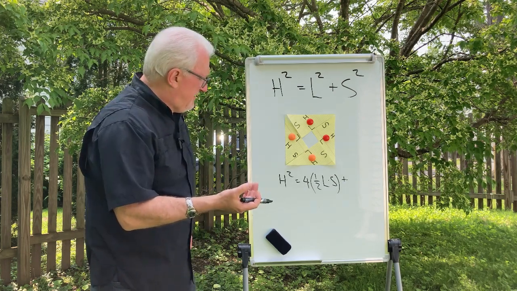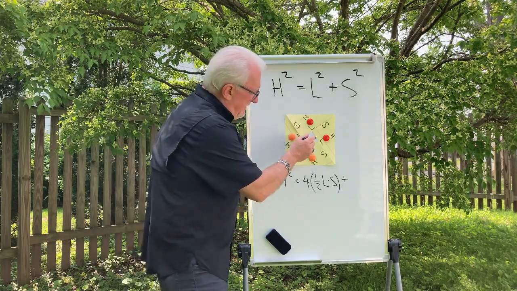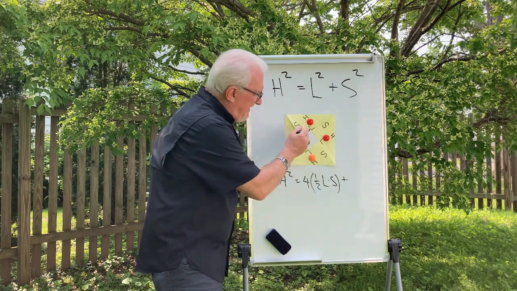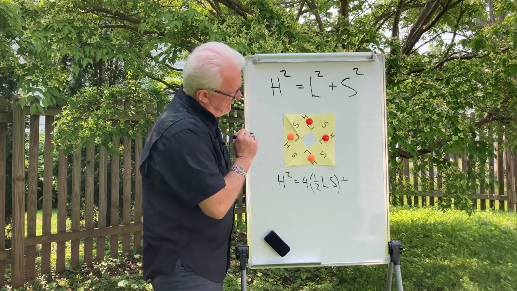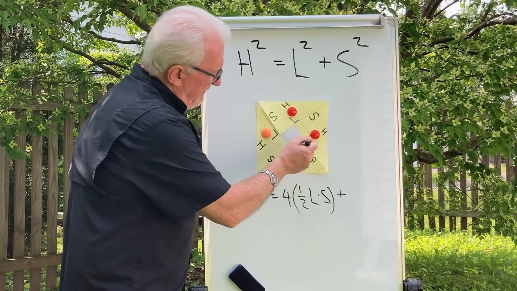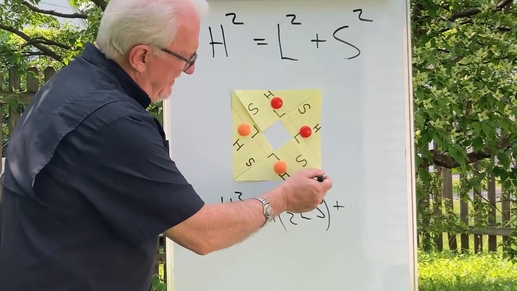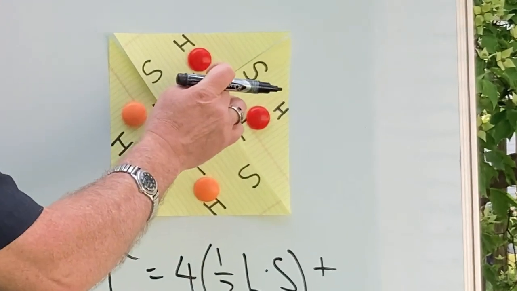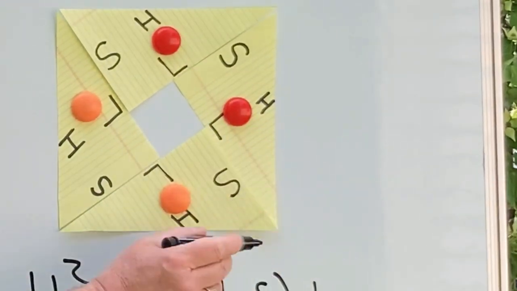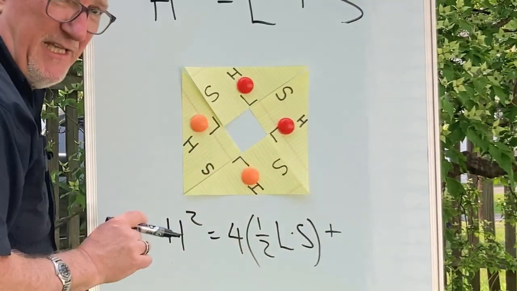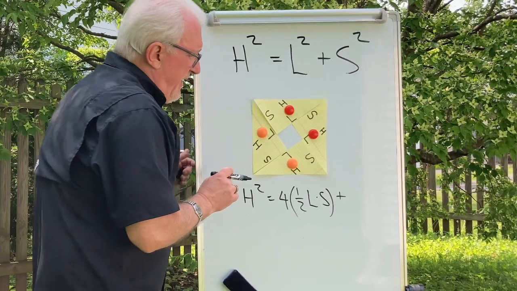Well, the center square is this side length squared, and this side length, if we can think about this for a moment, is all of L minus S. If I take the length of the base and I subtract off the length of the height, what I get is the length of that center square.